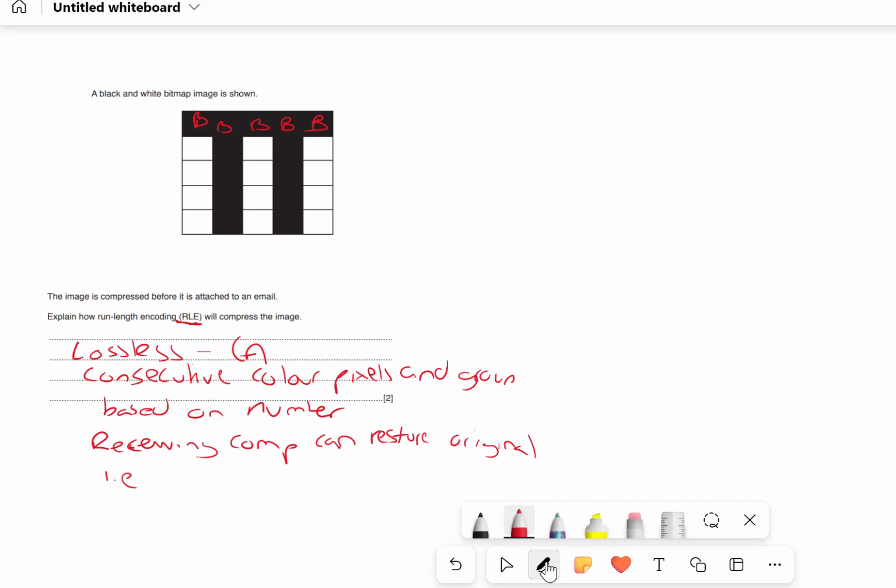So it's going to be B5, and then we're going to have W, B, W, B, W. So the rest of these, there's no real pattern. But we have compressed the top row to be B5. Dot, dot, dot, dot to show that. That's how it'll be done. Easy.